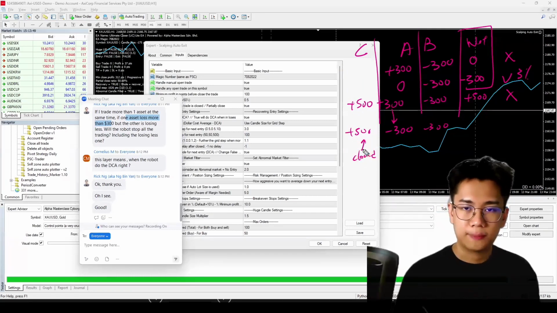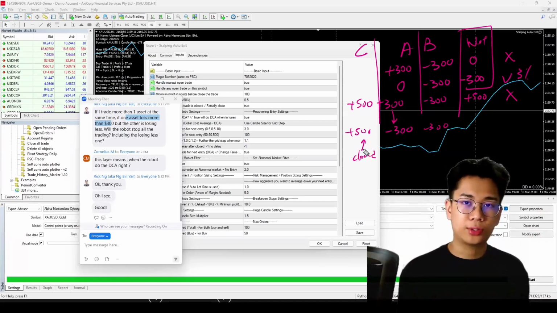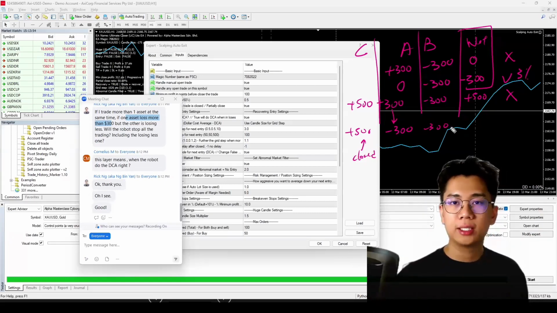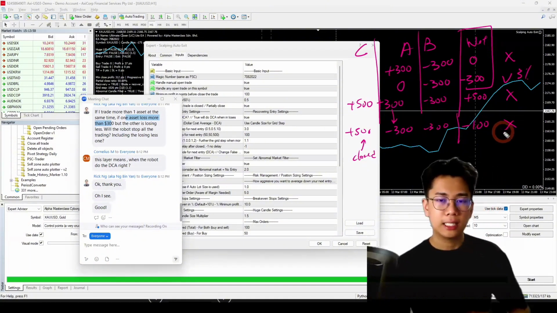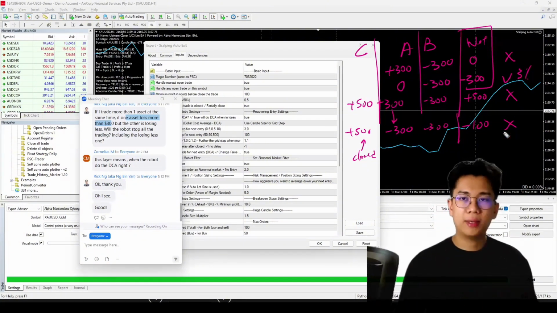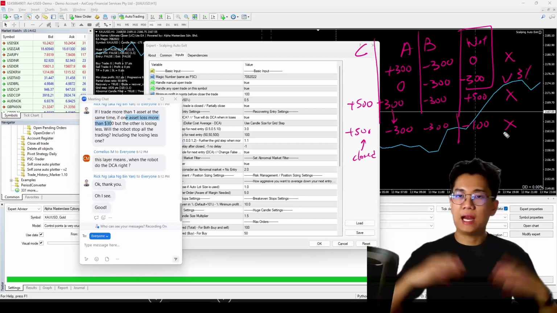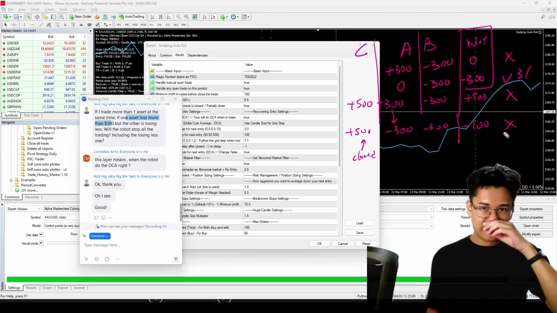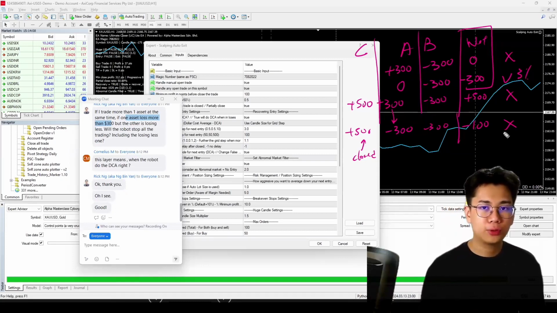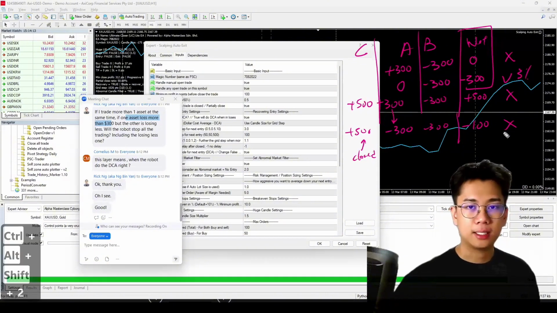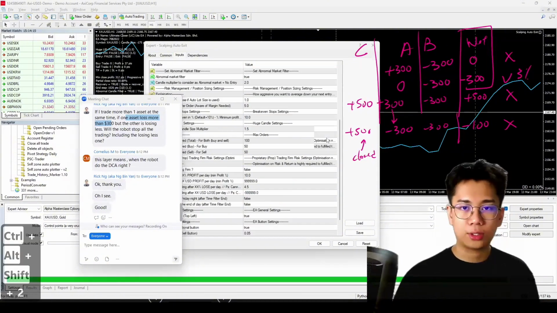A closed trade is still considered within the day. So 500, 300, 300, you are net lost 100 only. Will they close? It will not close. It is calculated based on the net of everything together. Pending orders are not considered. The layer means that when the robot does the DCA, right? Yes, correct. The layer means the DCA, dollar cost average.